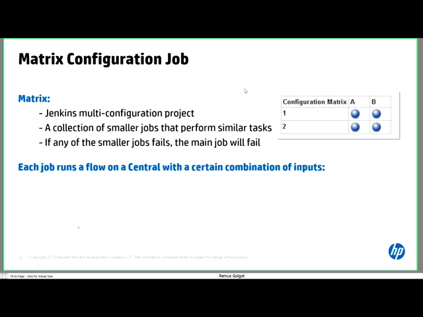In the context of using the plugin inside the matrix, each job inside the matrix will run a particular flow on a particular central instance with a certain combination of inputs.